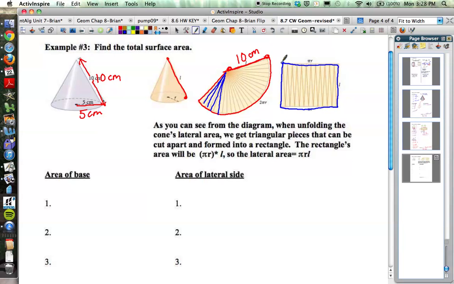The more and more triangles we have, the more rectangular that shape is going to be. And the side of that rectangle will be that slant height, that L, which in this problem was the 10 centimeters. But the length of the base of this rectangle right here is actually half.